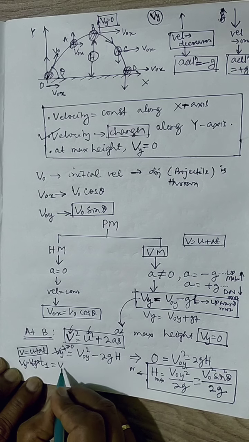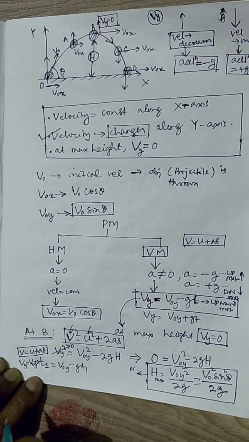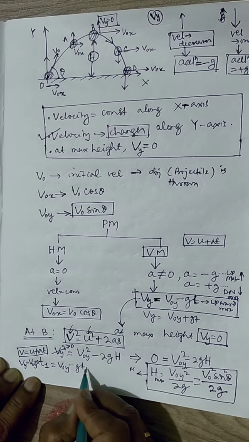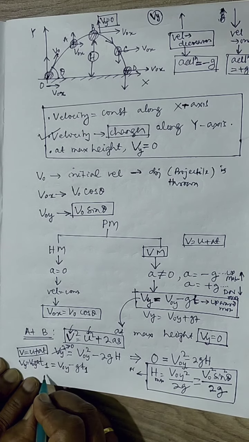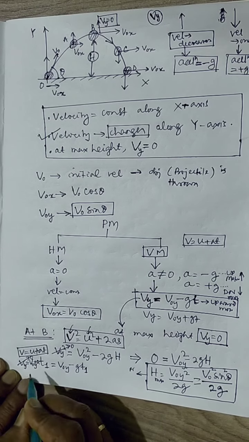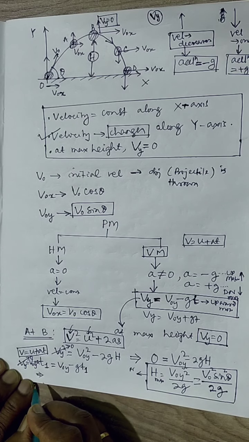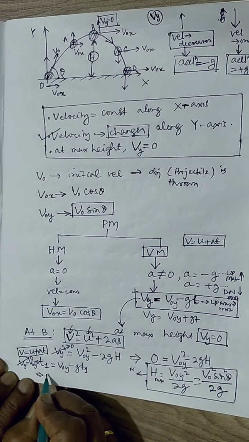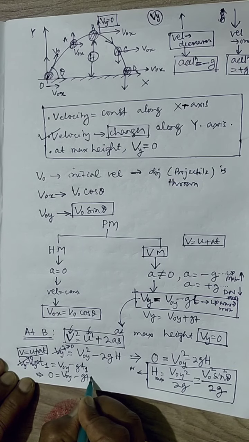Then Vy becomes v0y minus gt1. At maximum height Vy is equal to 0, hence this equation becomes 0 is equal to v0y minus gt1.